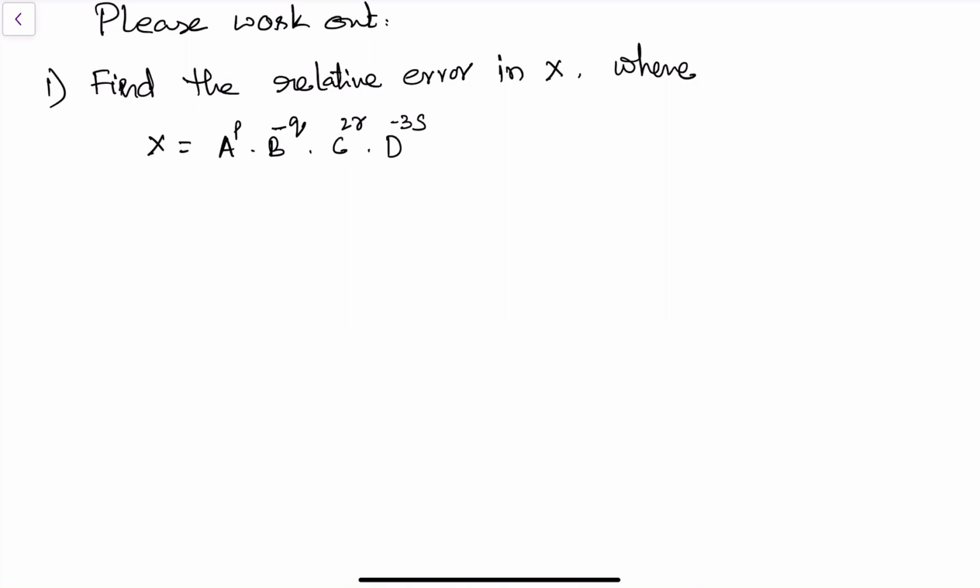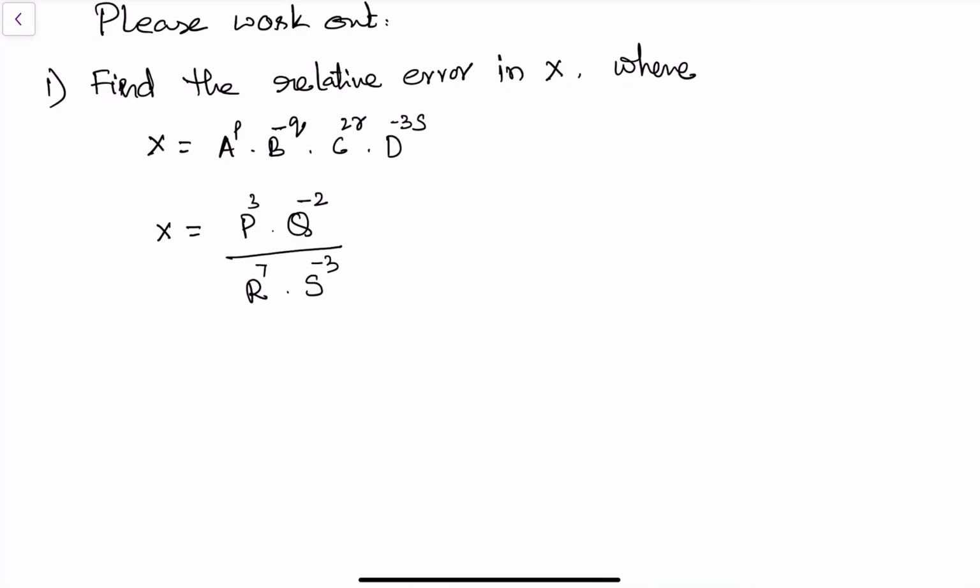Next one, P power 3, Q power minus 2 by R power 7, S power minus 3. So you find the relative errors like that.